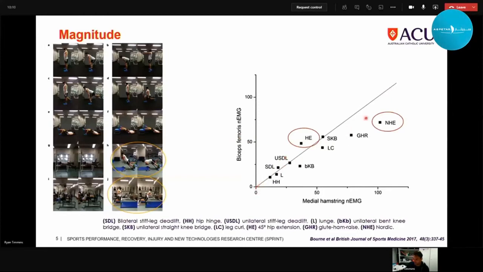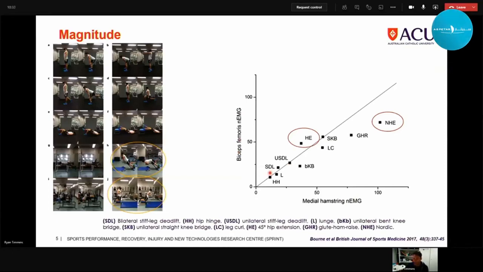Basically what this diagonal line is, is that balance of 1, again, whether it's a medial or a lateral dominant exercise. So hip extension is more lateral than medial hamstring dominant, whereas our Nordic, being on the right-hand side of this line, is more medial hamstring than lateral hamstring. So that takes into concept our laterality.